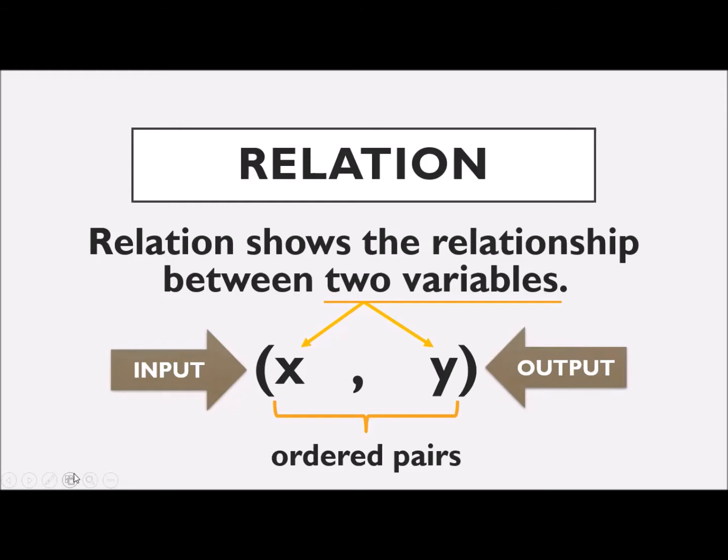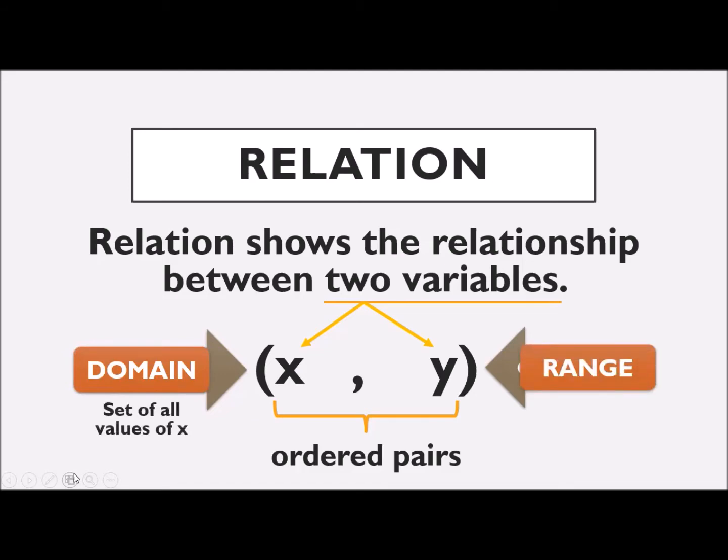So, merong output. So, that is the connotation of input and output in terms of a function. So, may relation tayo. Ngayon, yung input na yan, ang ibang tawag dyan ay domain. And for the output, that is the range. Ibig sabihin, lahat ng values ng x ay domain, lahat ng values ng y ay range. Okay, I hope that's clear.